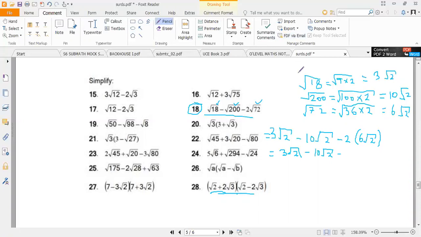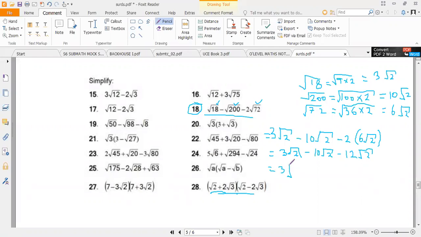When you're multiplying a scalar with this, the 2 multiplies with the 6 root 2, it doesn't multiply with these 2 outside here. So if you are multiplying 2 times 6 root 2, we end up getting our answer as 12 root 2. Okay, so you can go ahead and work out this.